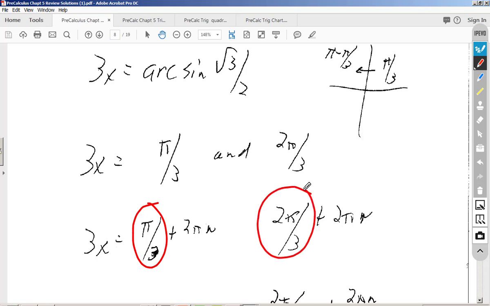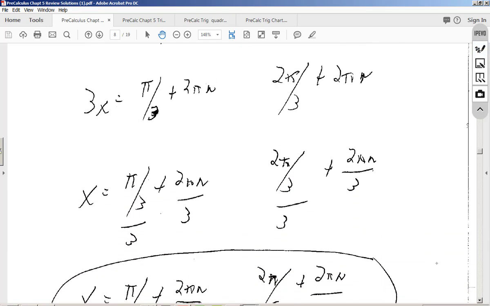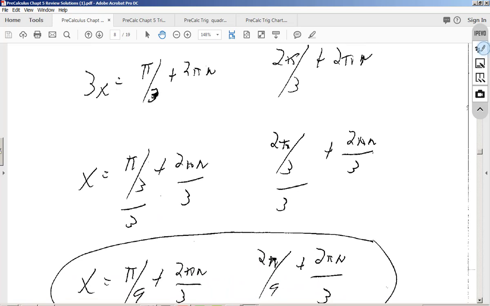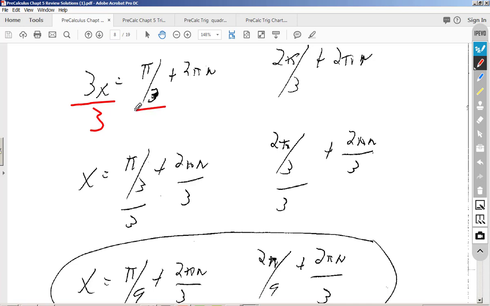Now if you look at the directions, there's nothing that says it just wants one rotation, so that's why you write the plus 2 pi in after it. And then when you're done writing that, now I'm going to divide everything by 3. So you're going to see how this kind of changes our answer just a little bit. When I divide this by 3, I have to divide all the terms by 3.